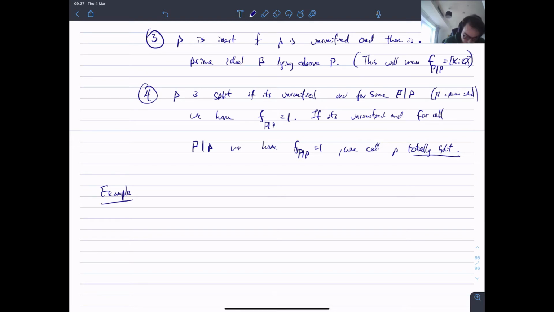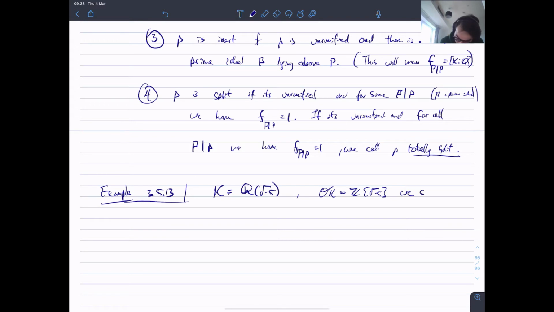So this is 3.5.13. I'm going to let K be Q(√-5). We know, without having to think, we have a theorem that tells us what the ring of integers is in this case. In this case, we know that this is Z[√-5]. And we looked at this before.